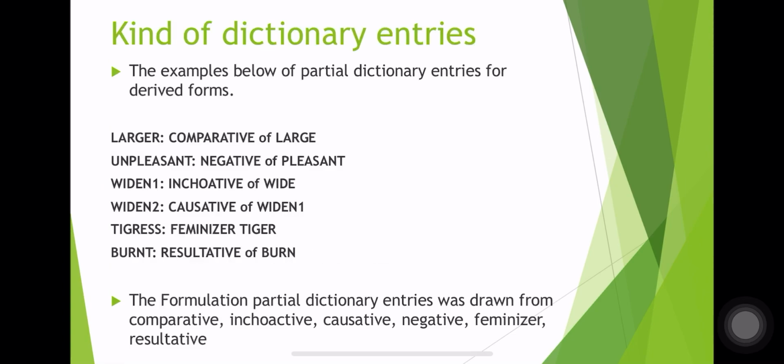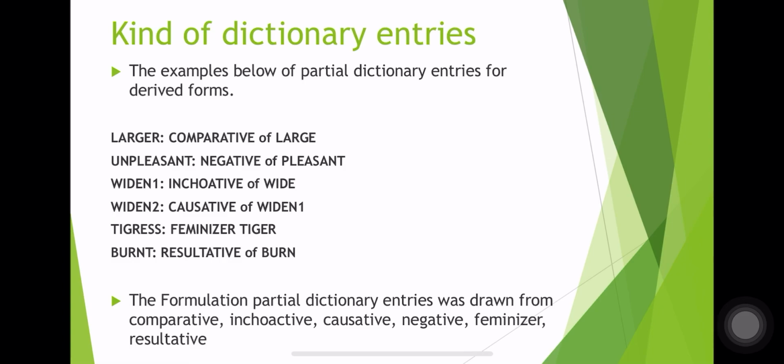And then there are dictionary entries. The examples below are partial dictionary entries for derived forms. For example, the word larger is actually a comparative form of large, and unpleasant is the negative form of pleasant. And then there are two words widen.